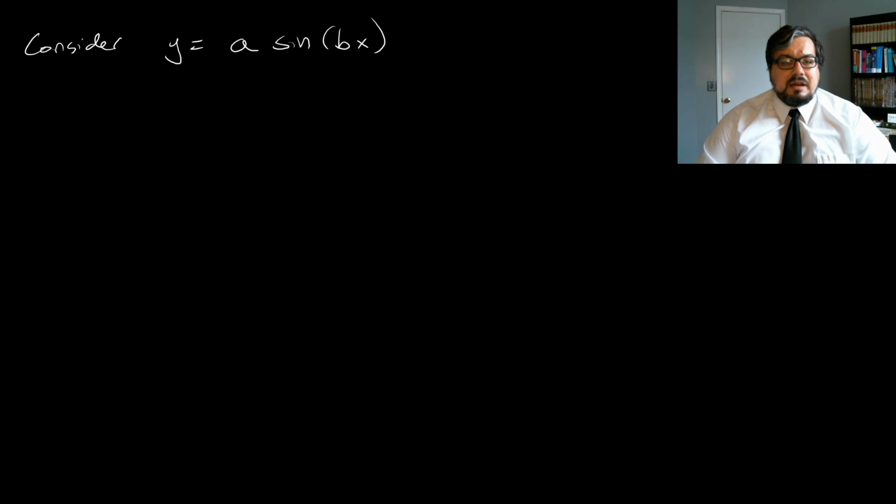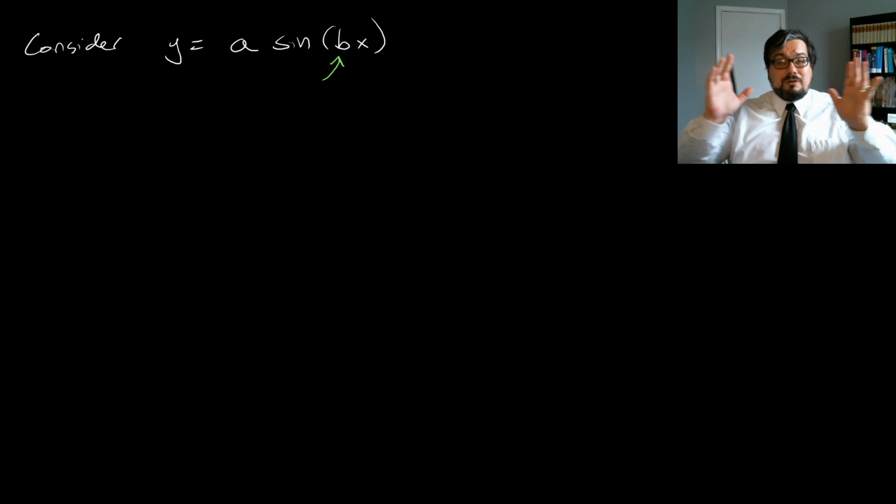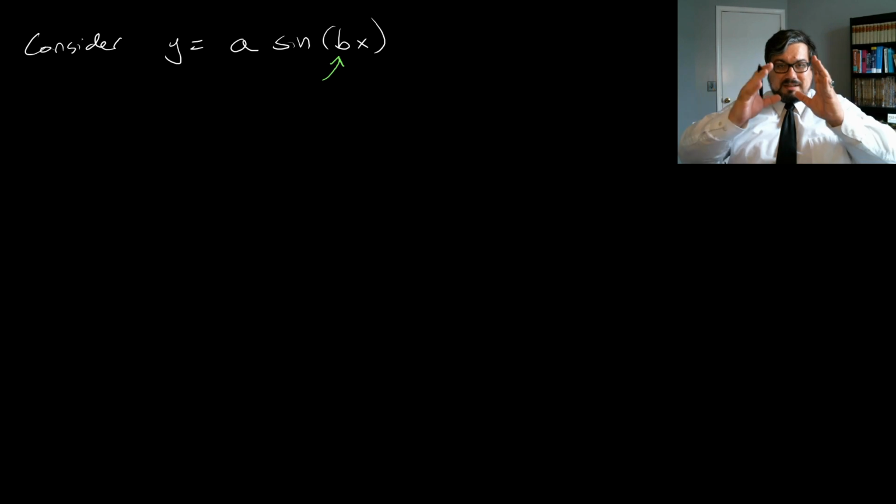We're going to continue working with that. As you may recall from algebra, when we multiply some number by x, that is going to either compress the function horizontally or expand it horizontally. When we multiply something inside the function, that affects the horizontal movements here.